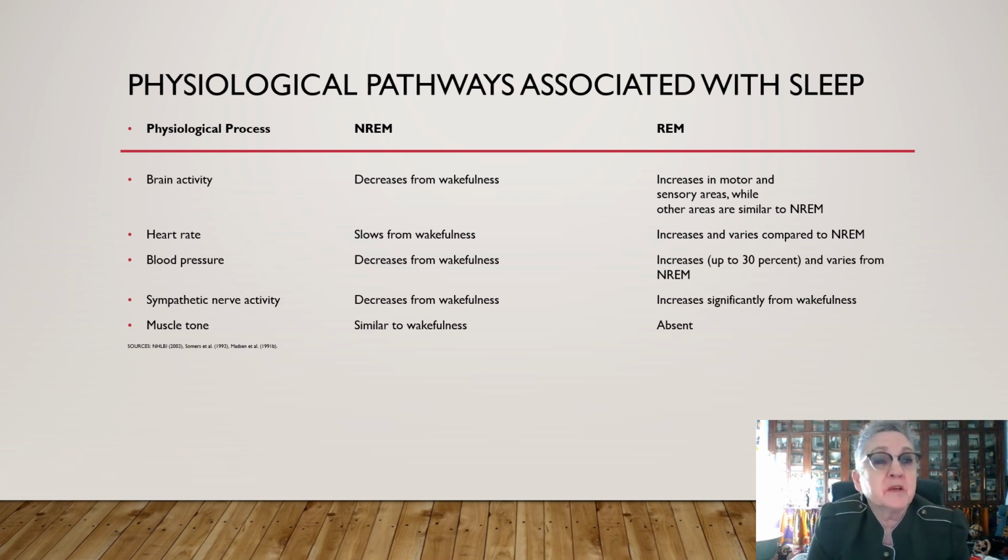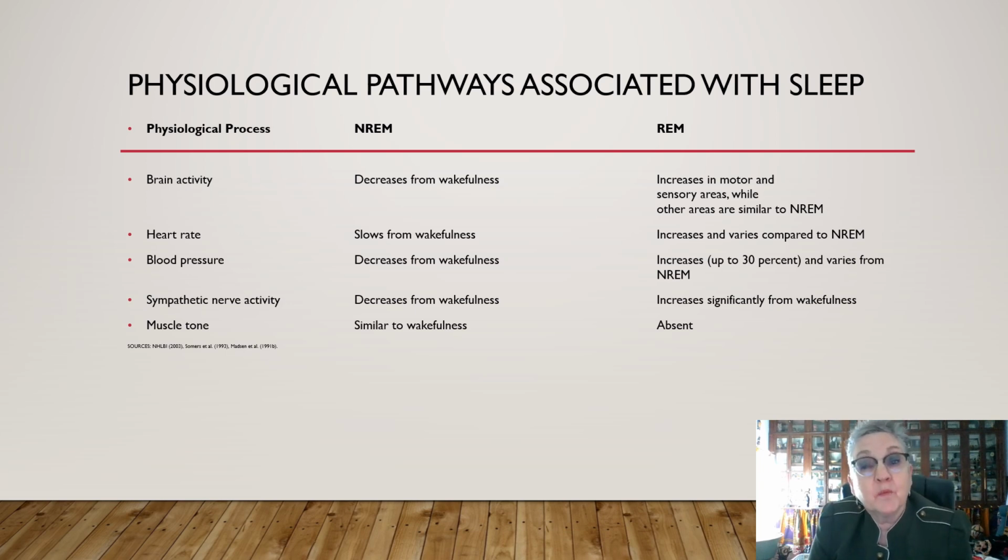We're going to look at the differences between REM and non-REM. Let's look at brain activity. We know that in non-REM, it decreases from wakefulness. And in REM, it increases in motor and sensory areas, while other areas are similar to non-REM. Heart rate: in non-REM it slows from wakefulness, but in REM it increases and varies.